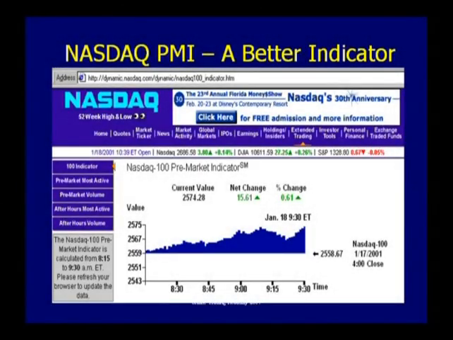Okay, we've talked about the PMI, the NASDAQ pre-market indicator, and I'll take you back out to the website and we'll do a little bit more investigation of it. But as I was noting to you guys yesterday, the pre-market indicator is actually a more accurate indication of how much the market's going to gap up or gap down than the S&P futures are, based on the last 4 or 5 years.